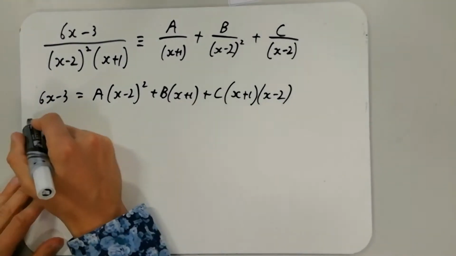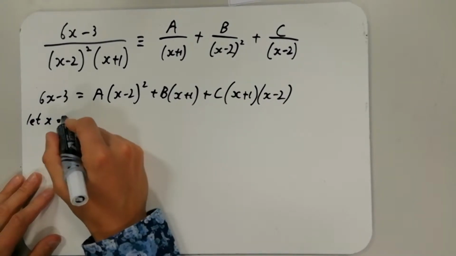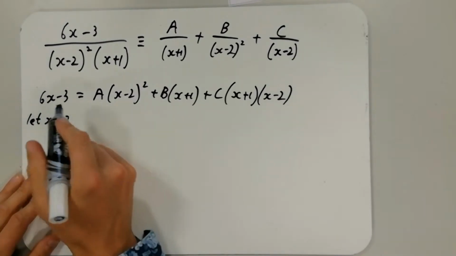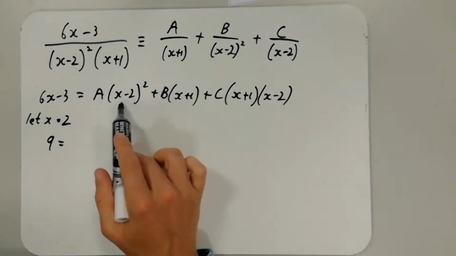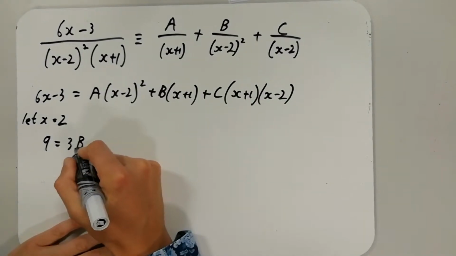Same as before, choose a nice value of x. 2 is a nice one to start off with, so on the left hand side I get 12 minus 3 is 9, 0, 0, I have 3 lots of b.